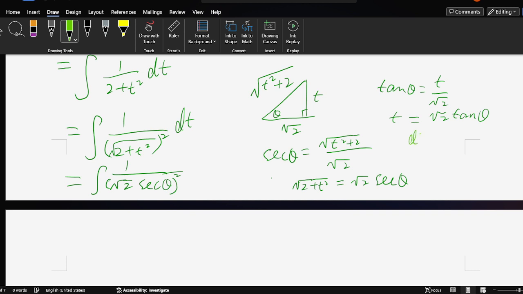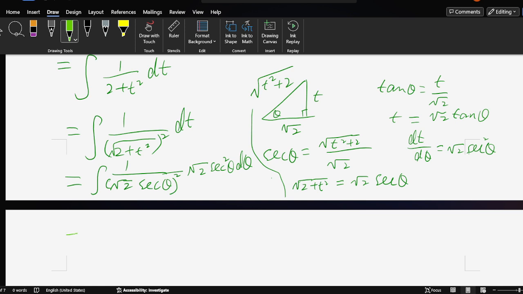So dt over d theta equals the square root of 2 secant squared theta. Okay, so we can substitute dt equals the square root of 2 secant squared theta d theta.